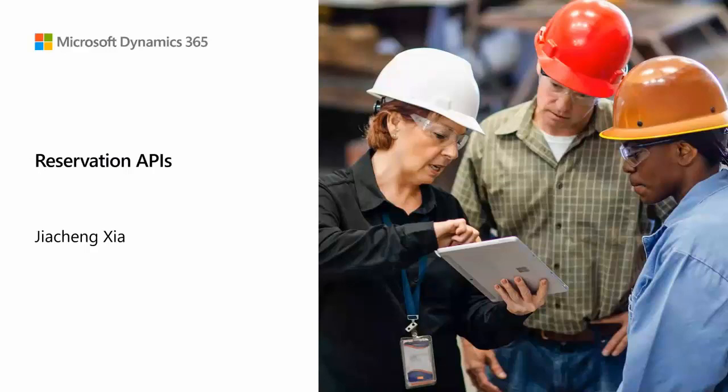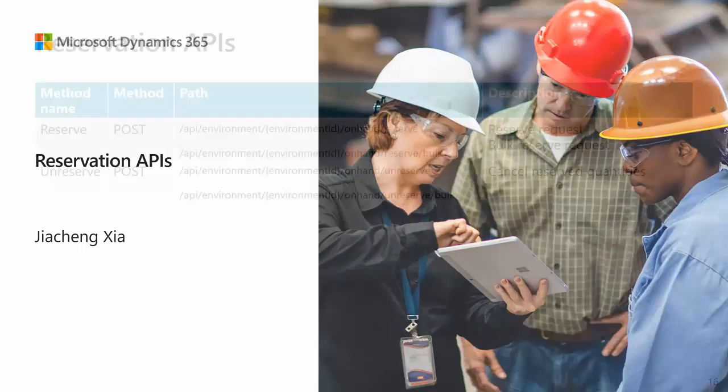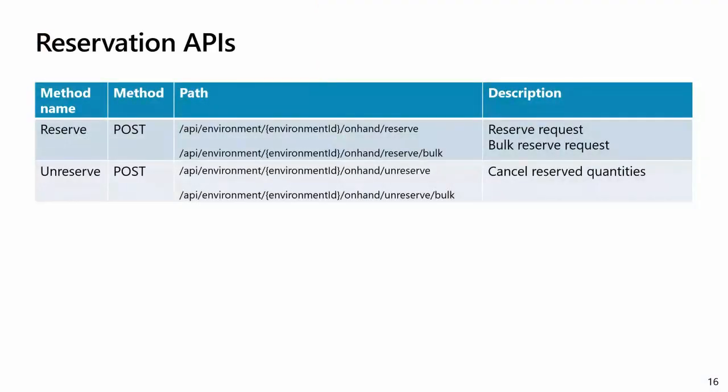With the configurations ready, let's have a look at the reservation public APIs. We provide a pair of APIs for reservation usage. Firstly is the reserve API with a path API/environment/your environment ID/onhand/reserve. The unreserve API is just the reverse process to cancel the reserved quantities.